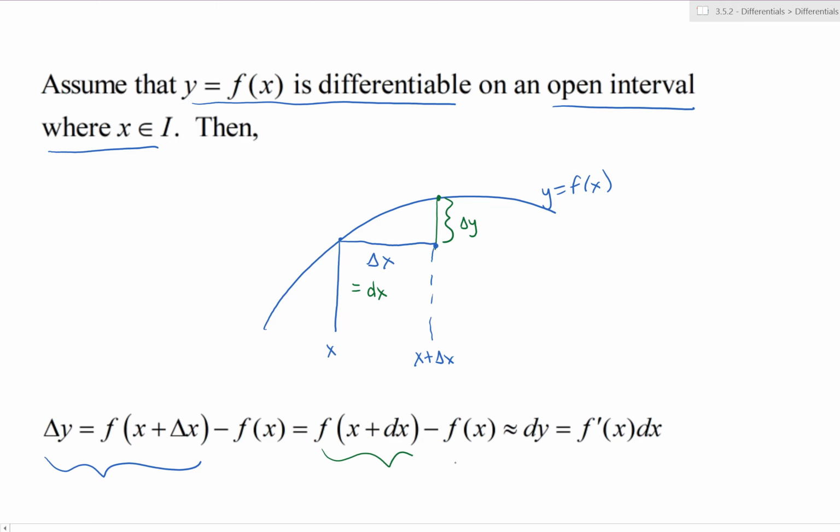So I could write this as f of x plus dx minus f of x. But that, as we just showed, is approximately dy. Delta y is approximately dy, which is f prime of x times dx. So that summarizes the results that we were discussing so far.